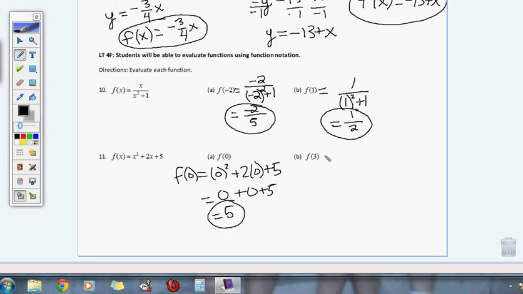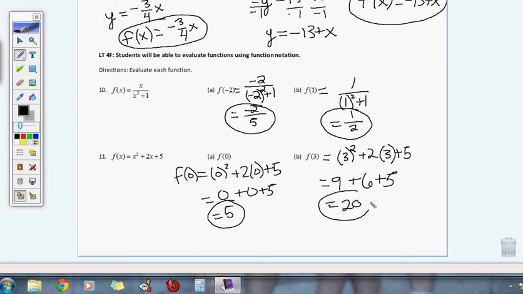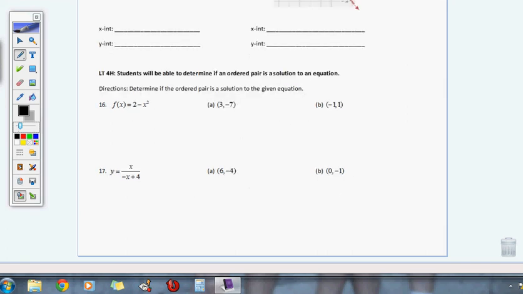All right, f of 3 is a little bit trickier because we have a value other than 0. So 3 squared plus 2 times 3 plus 5. 3 squared is 9 plus 6 plus 5. And when we add across left to right, we actually get 9 plus 6, 15 plus 5. We're going to get 20 for function notation on that one.